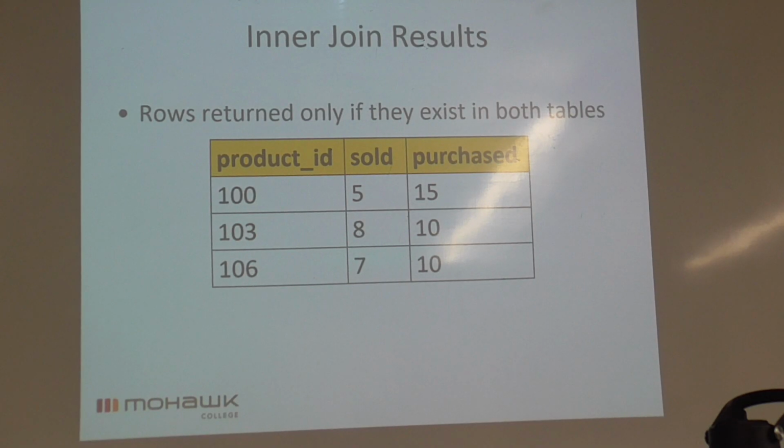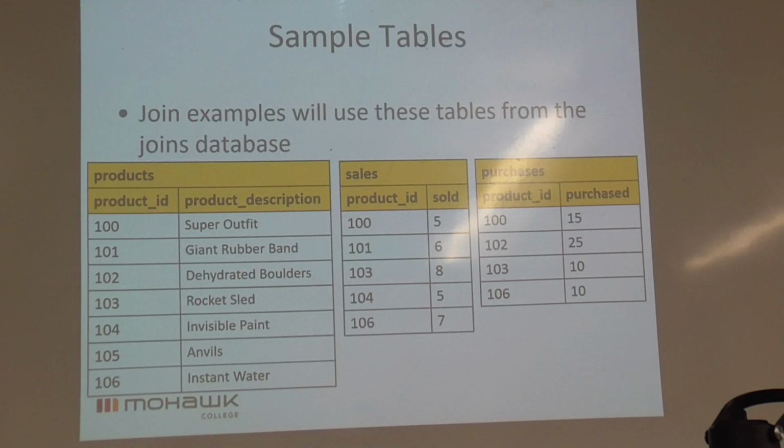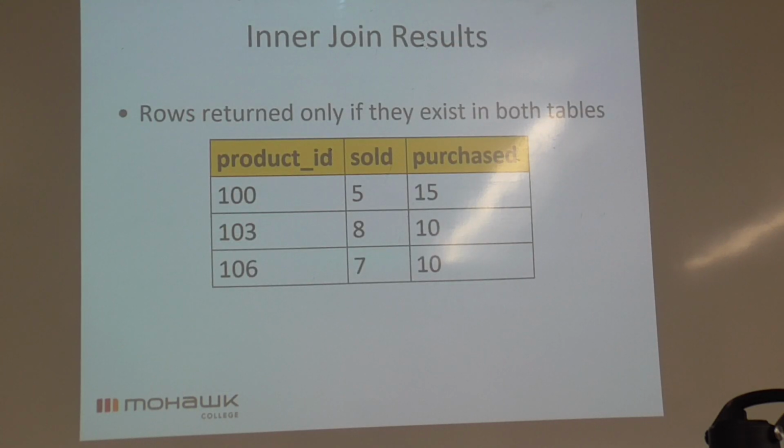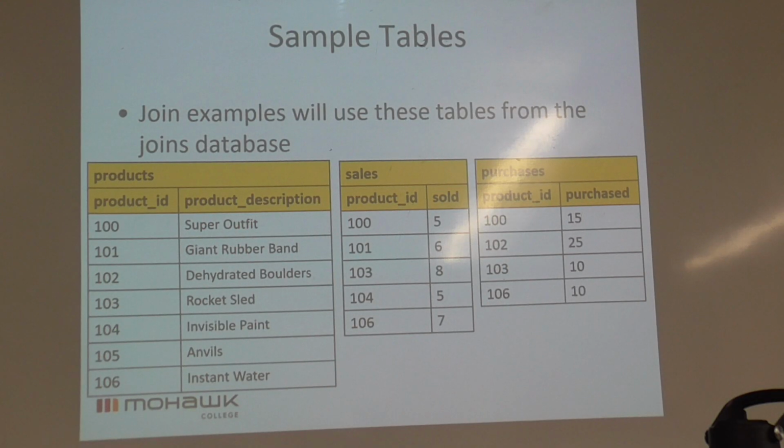The output of this query, when run on this database, is the following. We have the sold and purchased columns, but notice which IDs have been taken. Right?